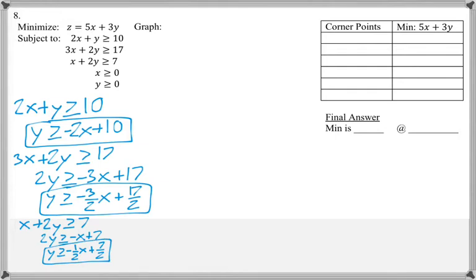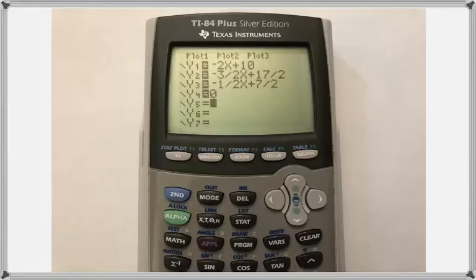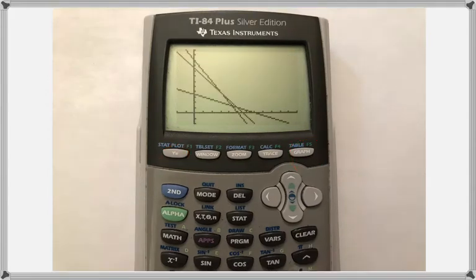And then finally we have y is greater than or equal to 0. Now I'm ready to type these in on the calculator. So if we go to y equals and type them into y1 through y4 and then press graph, this is what our graph will look like.